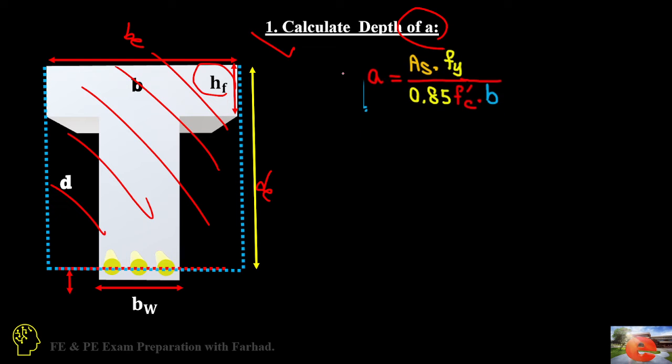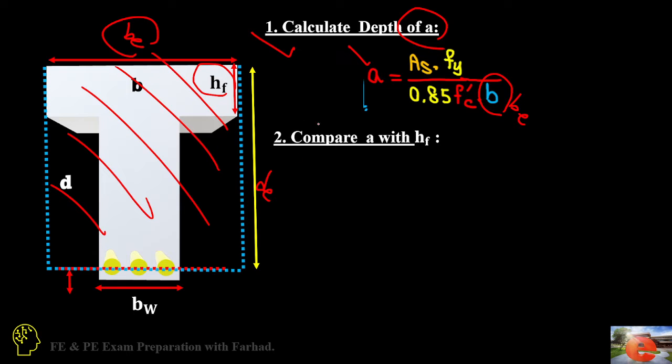Then calculate a, just as for a simple rectangular section: a equals As times Fy over 0.85 times f prime c times b, where you simply use b effective because this is all rectangular section. Then compare with hf.